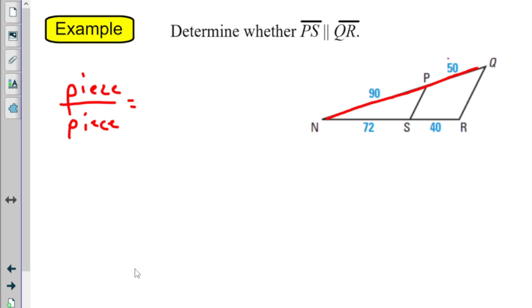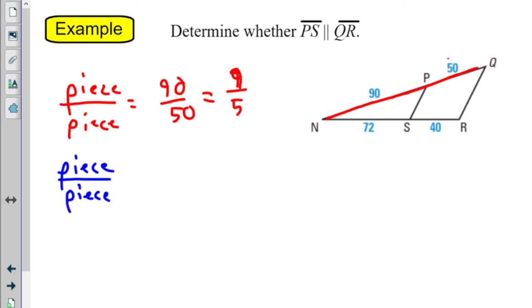So my piece over piece on the left side, I'm going to put 90 here over 50. Well, those are both divisible by 10, so we're going to have 9 over 5. So 9 over 5 is now my target, and that's what I want my other piece over piece to reduce to.